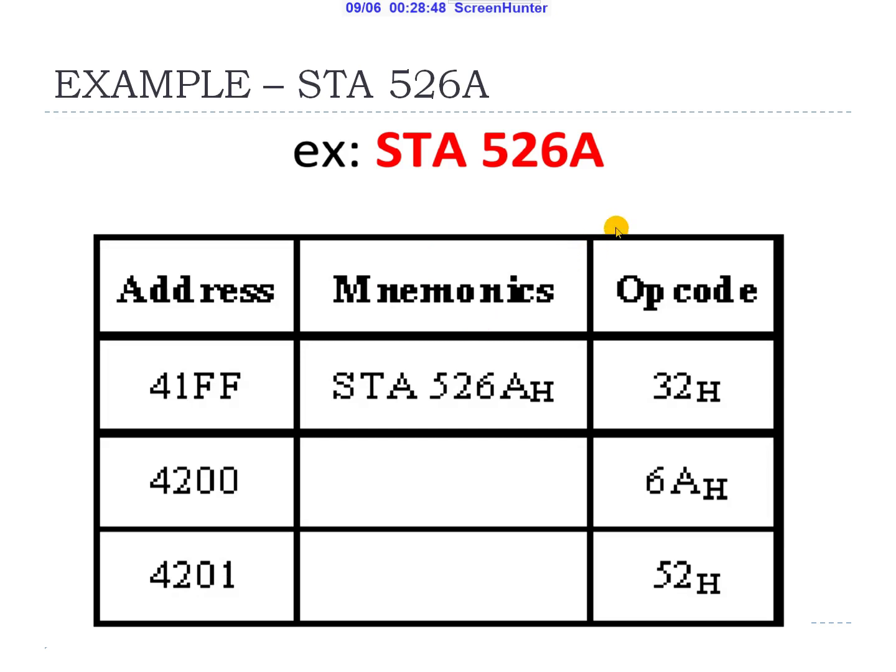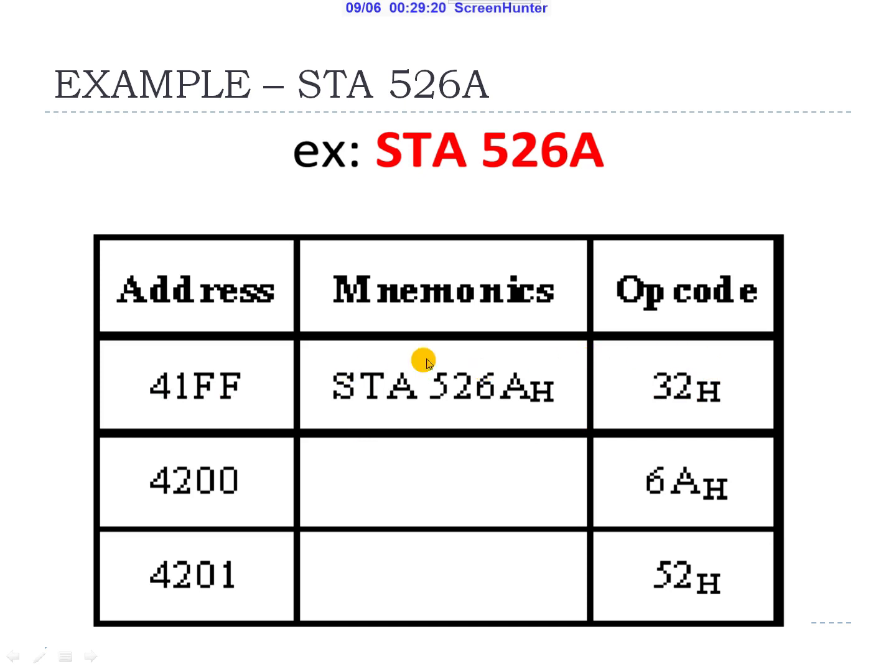As an example, we are going to see the STA 526A instruction, and how to draw the timing diagram for this particular instruction. Here you can notice that the mnemonic STA 526A is stored at the memory address 41FF.